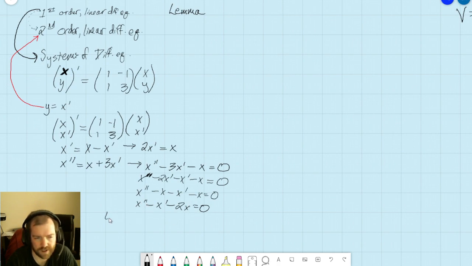Let x equal some sort of function e to the rt. And whether or not we have a value in front is arbitrary. It's just going to sit there and it's going to get divided out from all the terms.